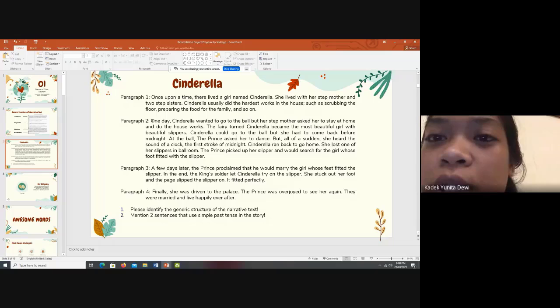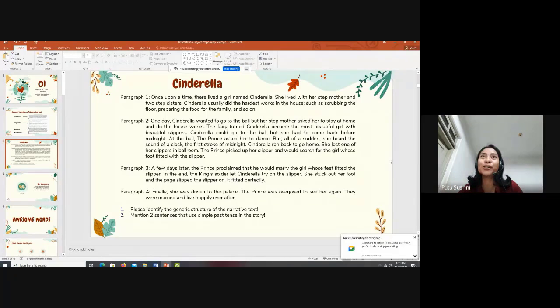The best part for me is in paragraph 2. One day, Cinderella wanted to go to the ball, but her stepmother asked her to stay at home and do her housework. The fairy turned Cinderella into the most beautiful girl with beautiful slippers. Okay, very good, Unita. One bonus point for you.